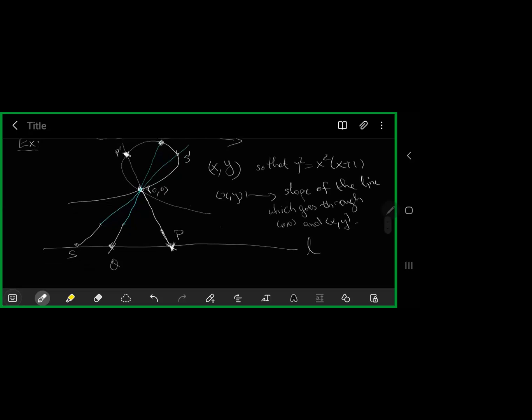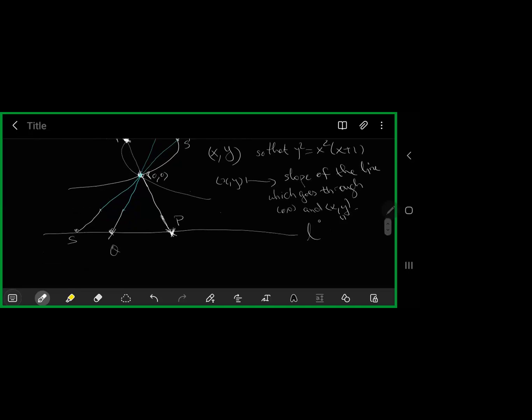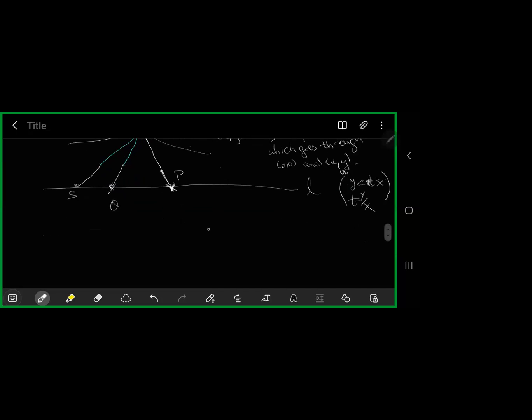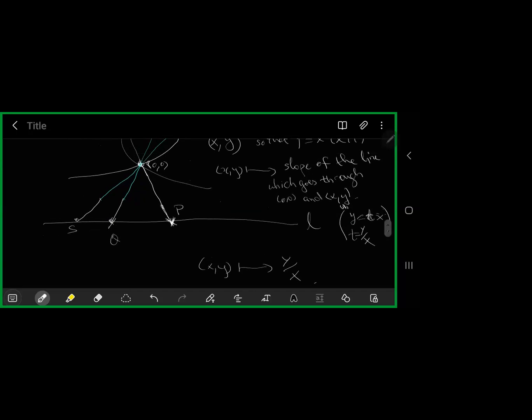Okay. And that is easily seen to be, if I have a line that goes through the origin, I know that that line will look something like y equals ax, y equals tx, say. So t is y over x. So our mapping is just x comma y goes to y over x. Okay.